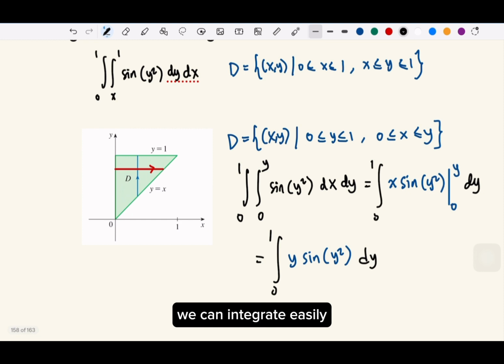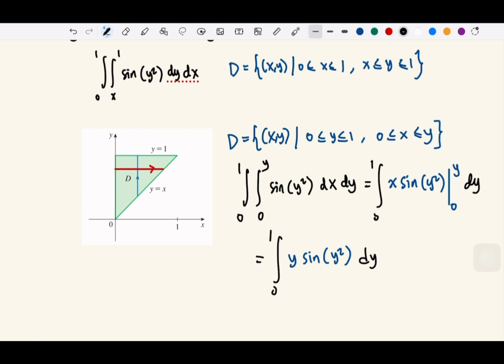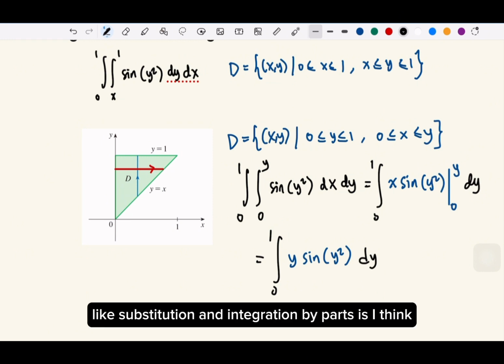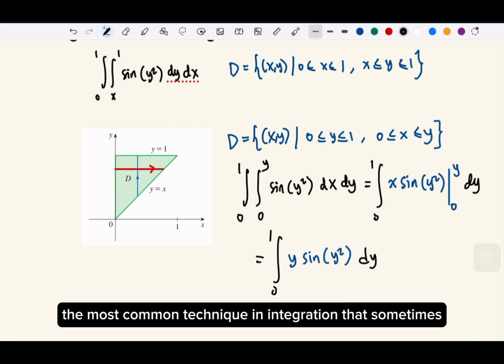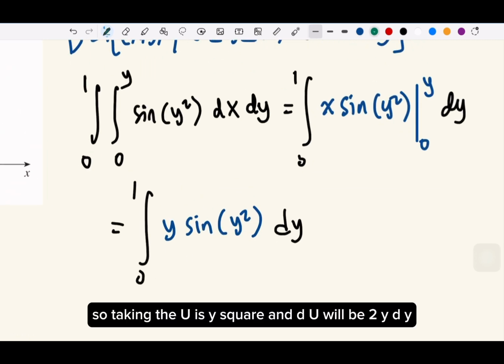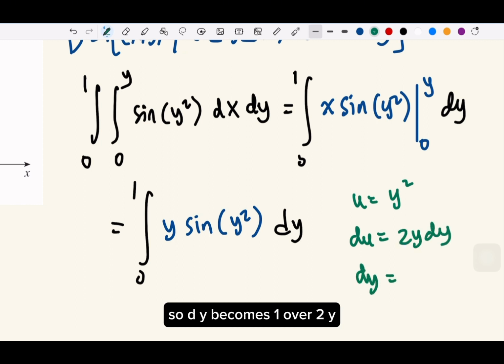Which gives you some clue. If we have y, we can integrate easily using the substitution method. Substitution and integration by parts are, I think, the most common techniques in integration, and sometimes you need to use them in multiple integrals. So try using that to solve this. Taking u as y squared, du will be 2y dy, so dy becomes 1 over 2y du.